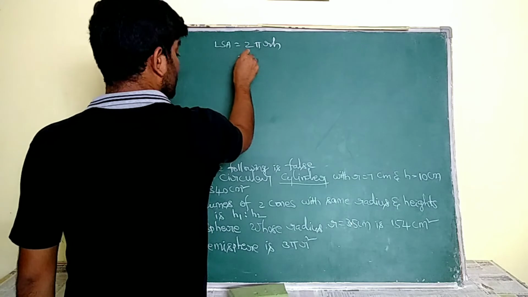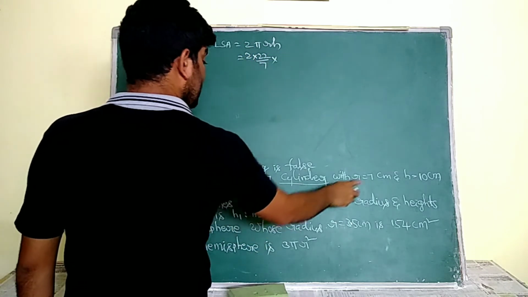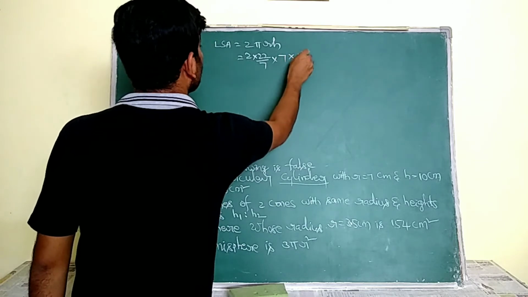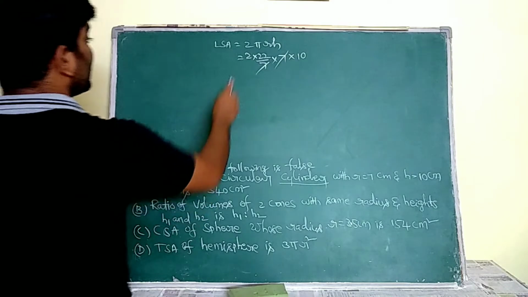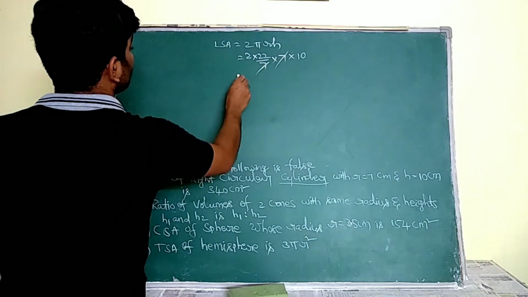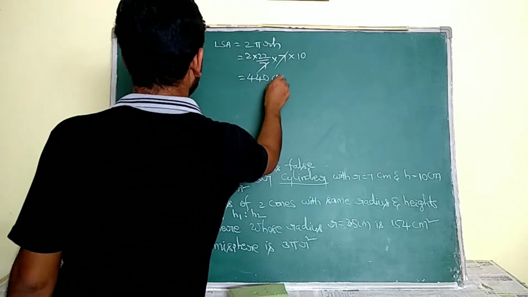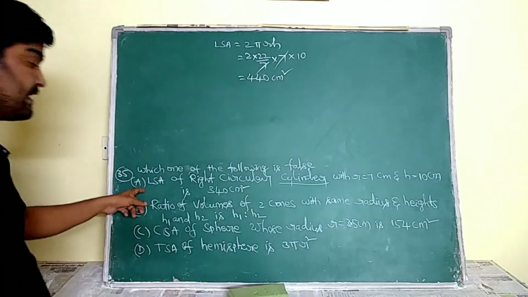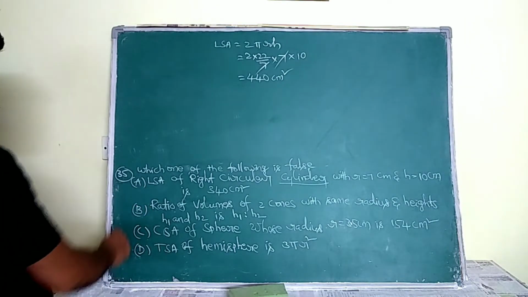That is 2 into 22 by 7 into R value 7 and H value 10. So this 7 and 7 are going to be cancelled. 44 into 10, 440 centimeter square actually is the answer. But here he gave 340. That's why it is wrong.